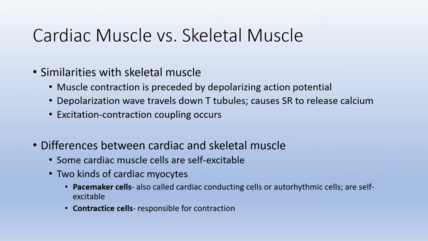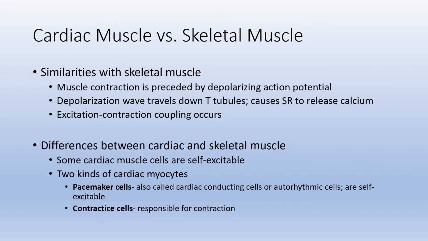Pacemaker cells make up 1% of these cardiac myocytes. Pacemaker cells are also known as non-contractile cells, cardiac conducting cells, or autorhythmic cells. They are going to generate an action potential without any external input.